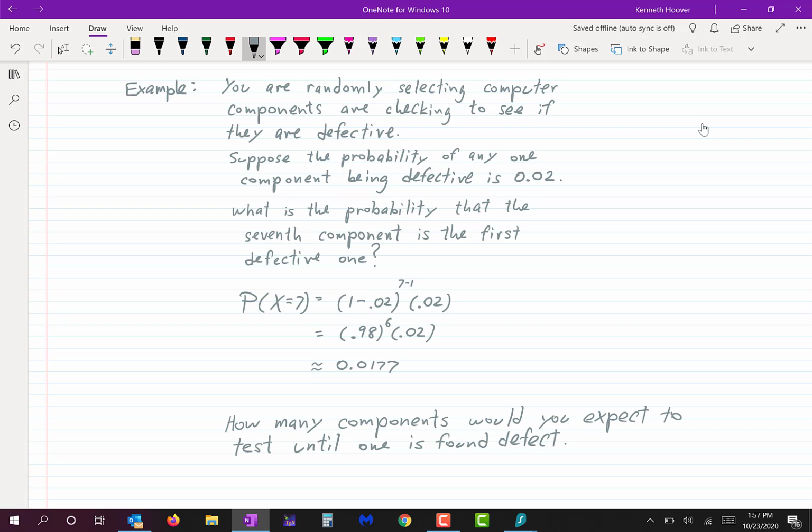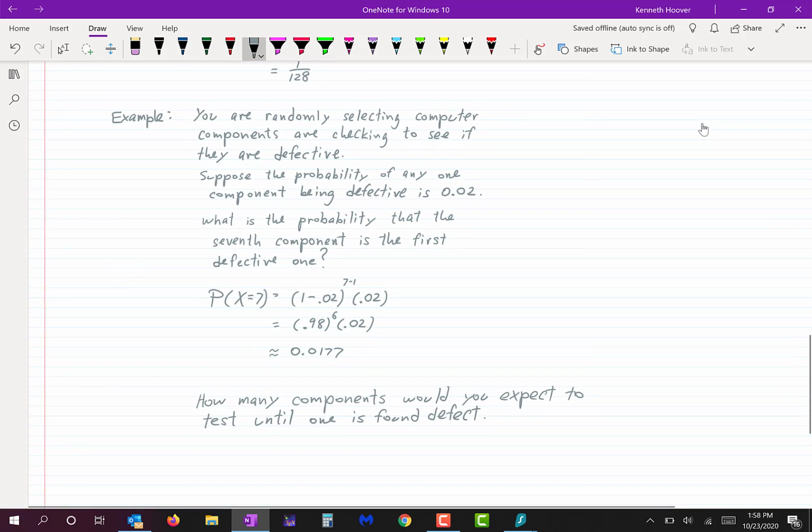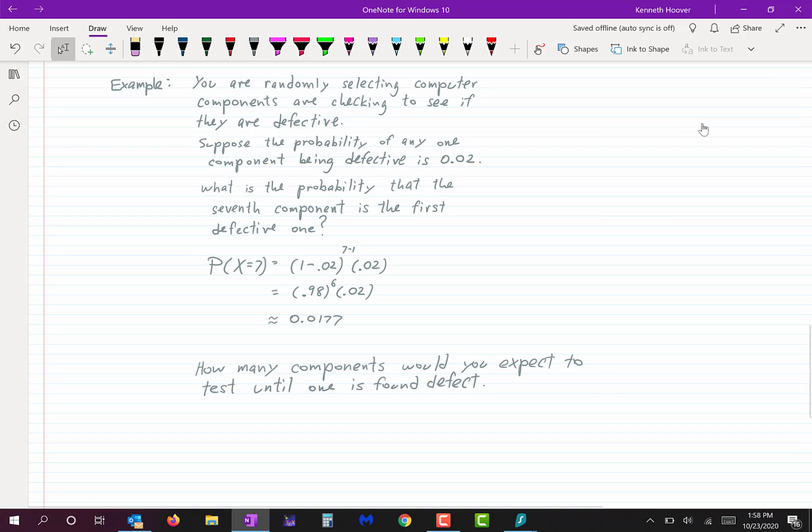You don't know how many it's going to take before you find a defective one. How many do you expect you might have to test before you find a defective one? And you might say, well, that's a matter of opinion. But the point here is that we can actually put some calculations to this, and you don't know yet how to do that because I haven't explained it. I'm going to tell you right now.